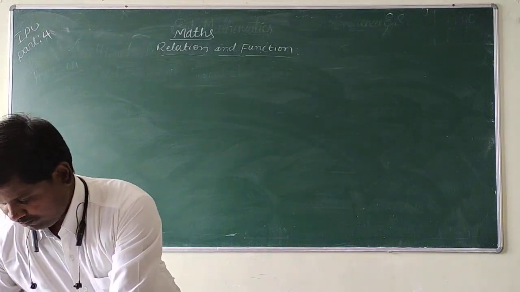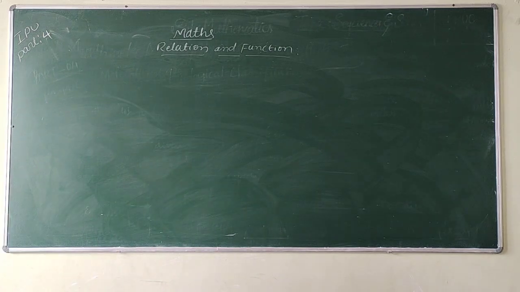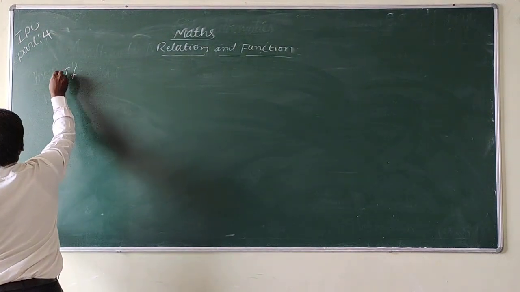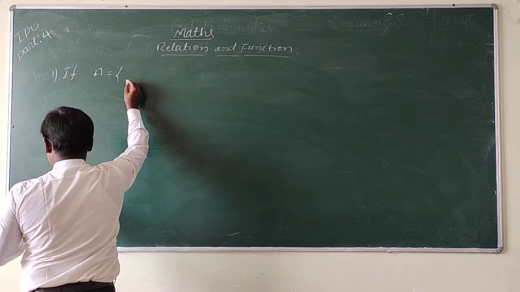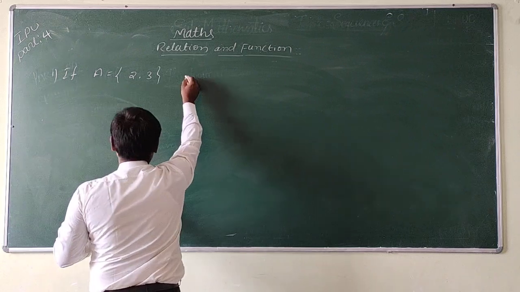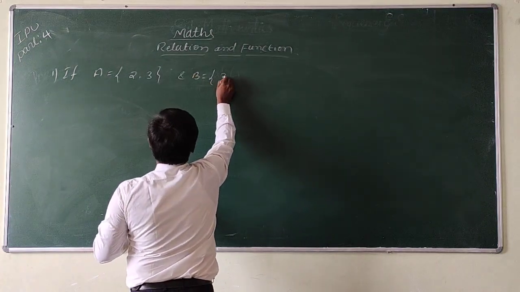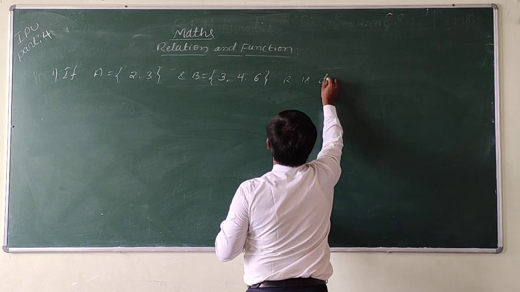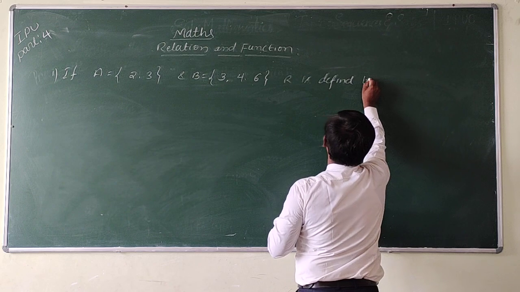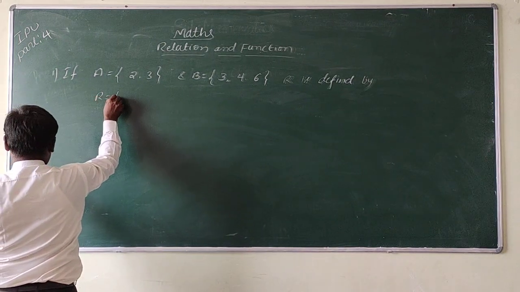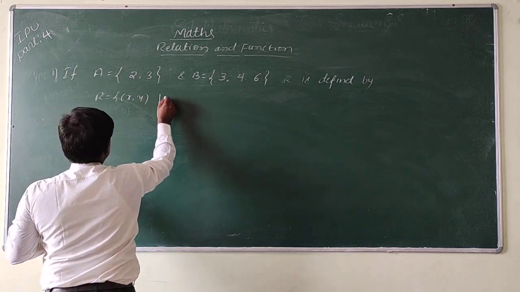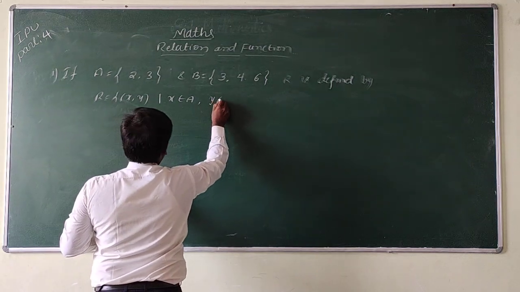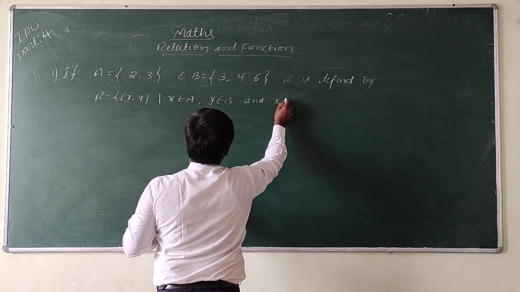The first problem: if A = {2, 3} and B = {3, 4, 6}, R is defined by R = {(x, y) : x belongs to A, y belongs to B, and x < y}.